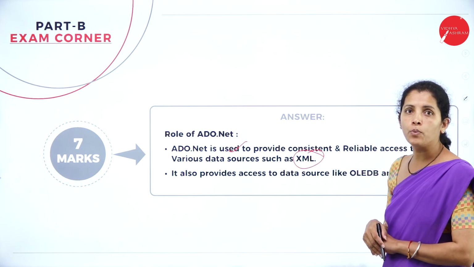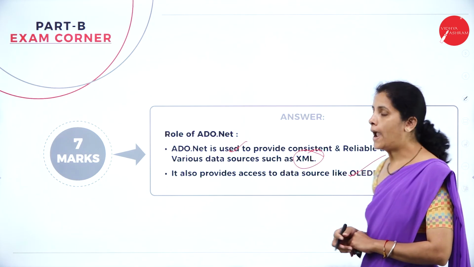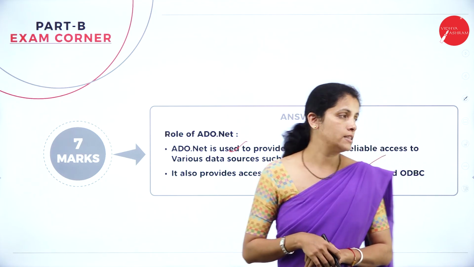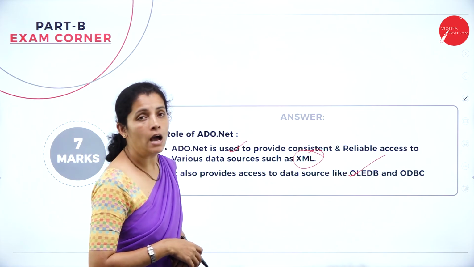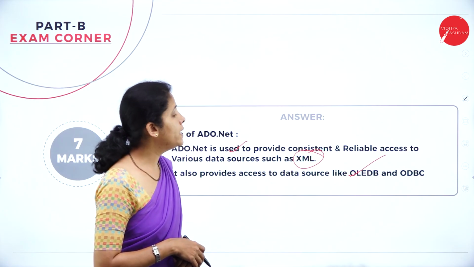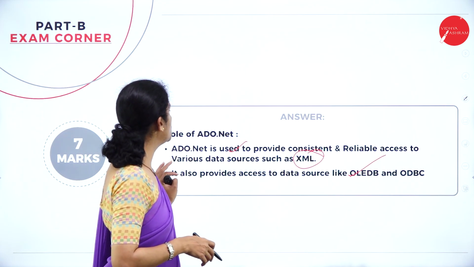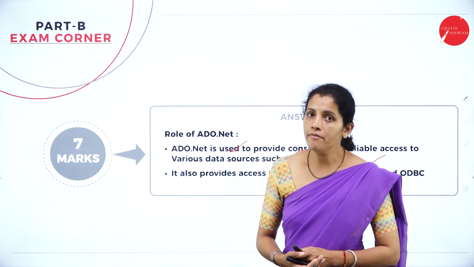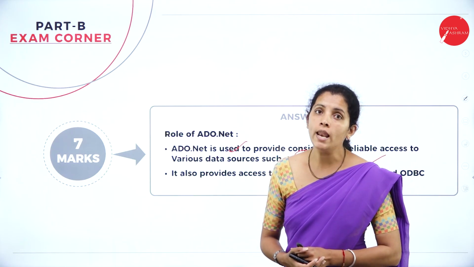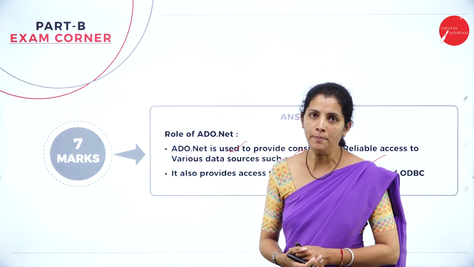It also provides data access to OLEDB. That's nothing but object linking and embedding database, and open database connectivity. Okay, these are the certain roles of ADO.NET. Anyway, dear student, this is all about the .NET subject as well as the question paper.